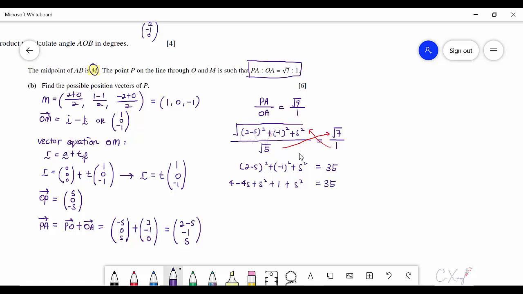After that, if you group all the terms to one side, you should be able to get something like this. We are having 2s squared minus 4s minus 30. Then again, you can simplify it further.